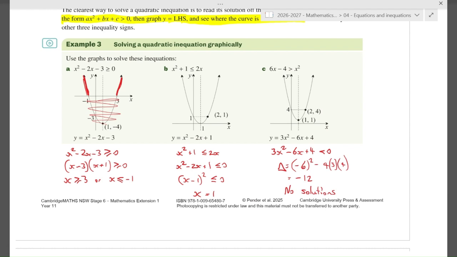Happy? With this next one, the only spot that this one works is there. With this last one, there are no solutions. You all cool?